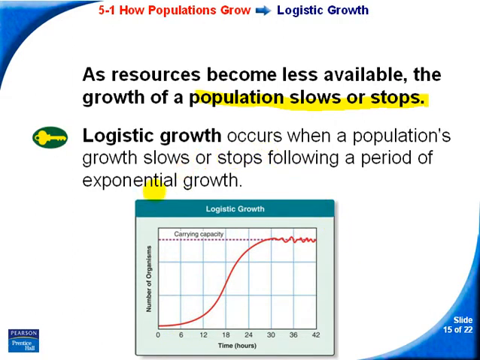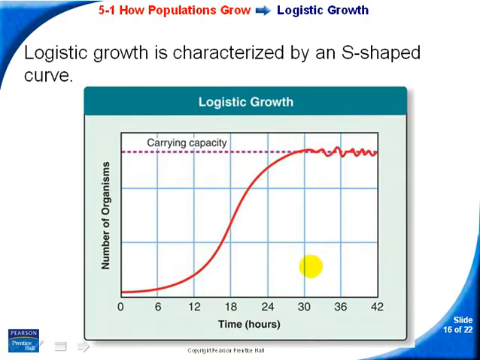It occurs when you have growth that's slowing or stopping following a period of exponential growth. So here's our area of exponential growth, and then when it reaches the point where the resources become less available, we get a stoppage of growth. So as you can see, this is an S-shaped curve. There's our S.